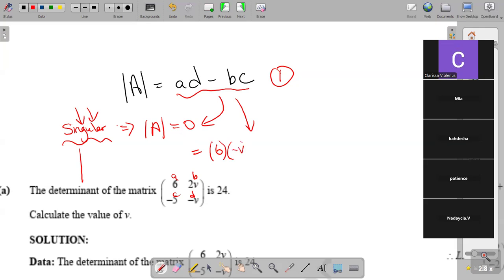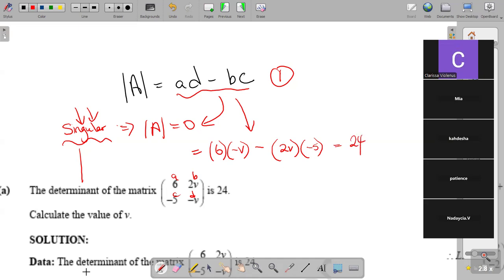Negative V. Very good. Minus, what is B? B is 2V times negative 5. And all of this is equal to what? All of this is equal to 24.